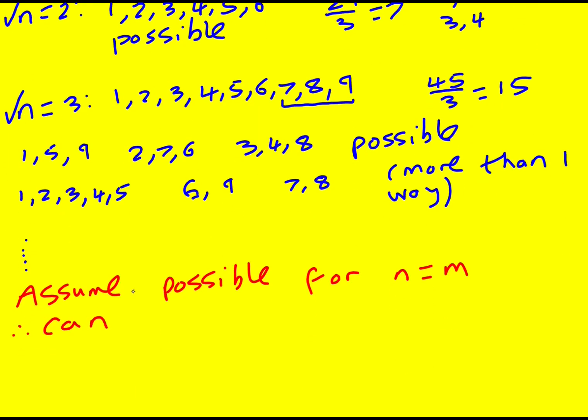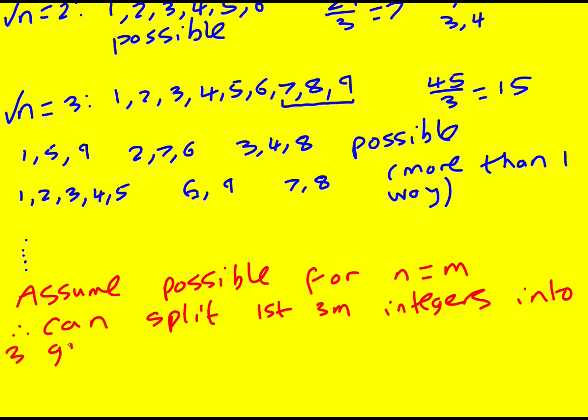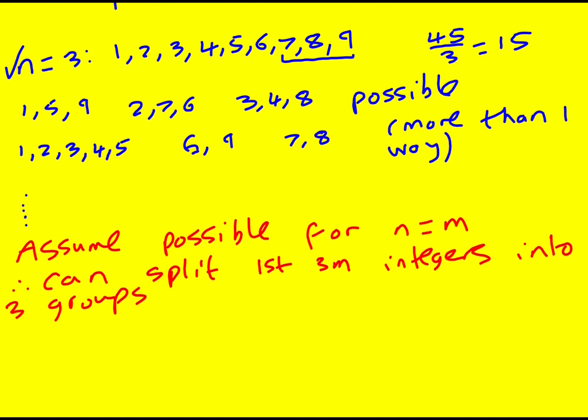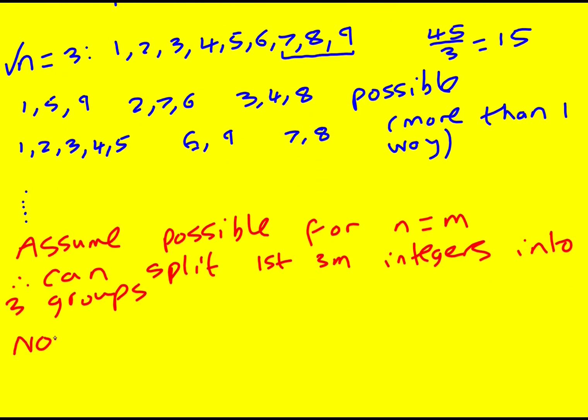Therefore, we can split the first three m integers into three groups. And what I'm going to look at now is n equal to m plus 2. 2 more than that.